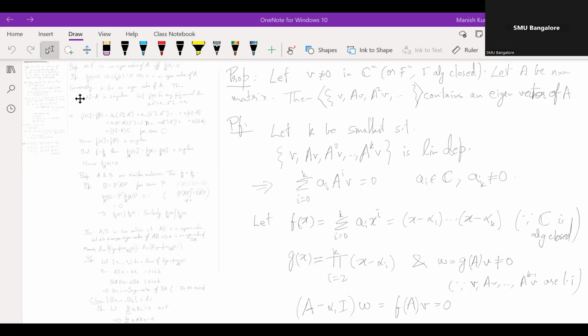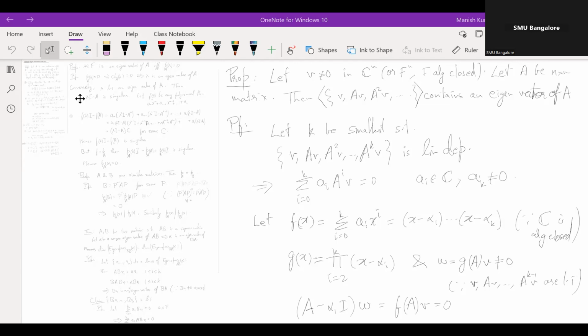Since this is linearly dependent, you can find a_i such that summation i equals 0 to k of a_i times A to the power i v is 0. This is the definition of linear dependence. The a_i's are complex numbers, or in your base field F, whatever situation you are in.